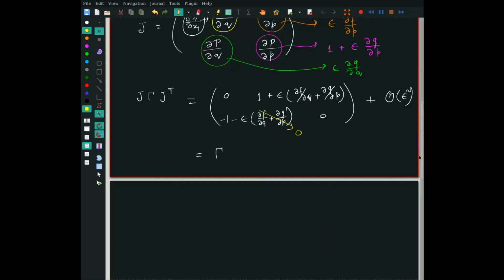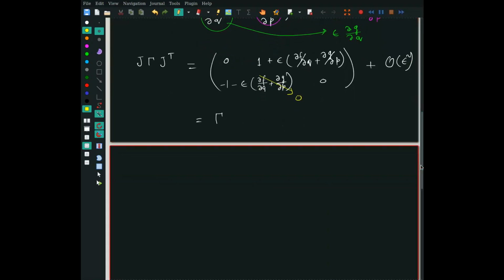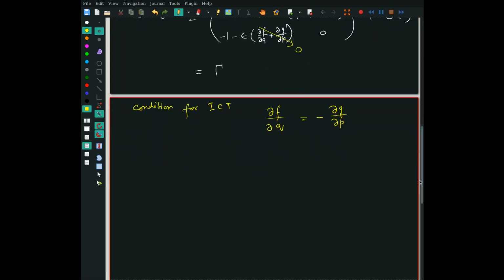For that quantity to be 0, I get one very simple relation. The condition for an infinitesimal canonical transformation, ICT, is del f over del q equals minus del g over del p.